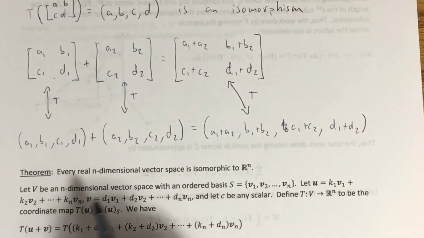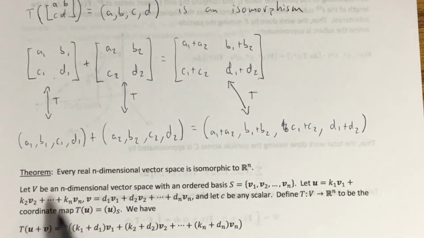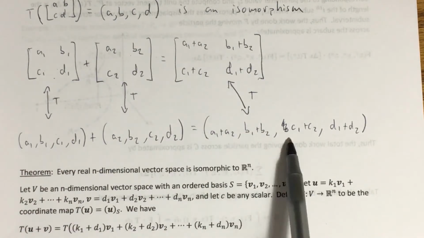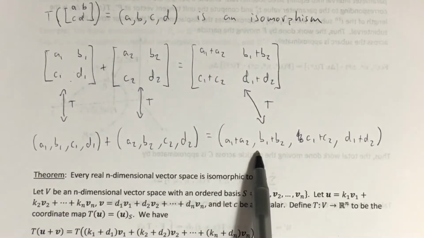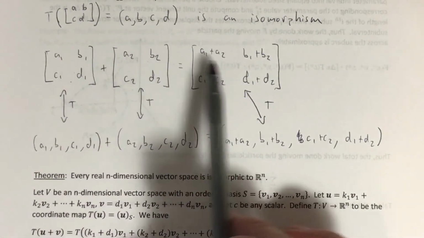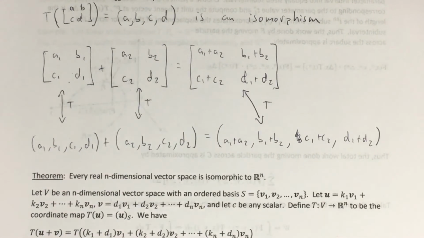So basically what this is saying is that each of these matrices can be thought of as ordered four tuples, and the operations that I perform on these correspond exactly to the operations that I would be performing on their representatives in the matrix space M22.